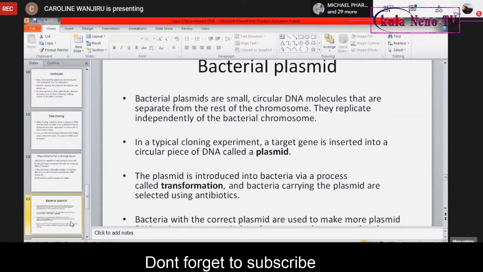In a typical cloning experiment, a target gene is inserted into a circular piece of DNA called a plasmid. The plasmid is introduced into a bacteria via a process called transformation. And bacteria carrying the plasmid are selected using antibiotics.